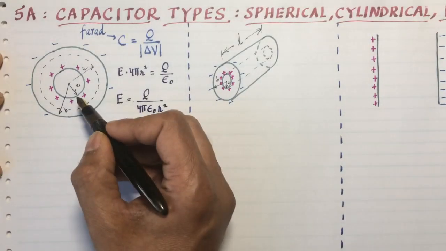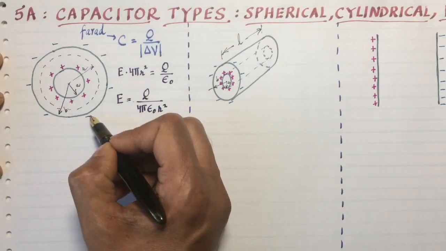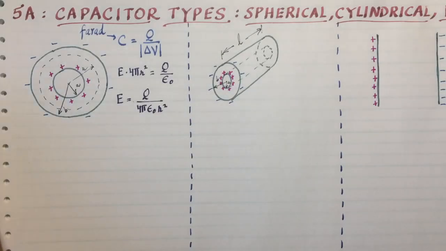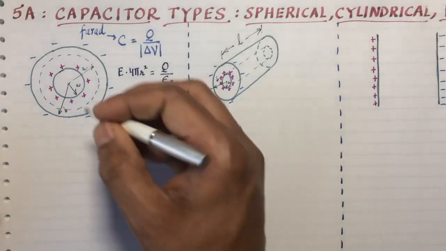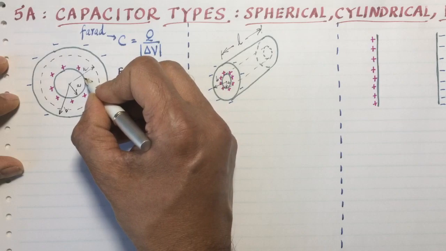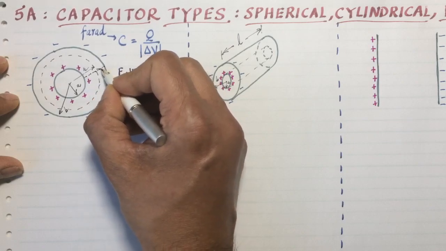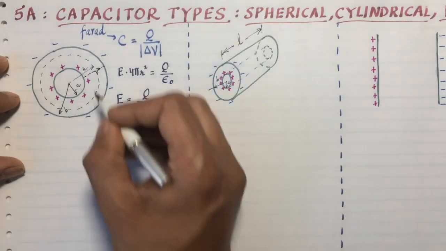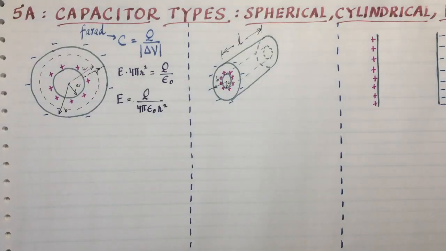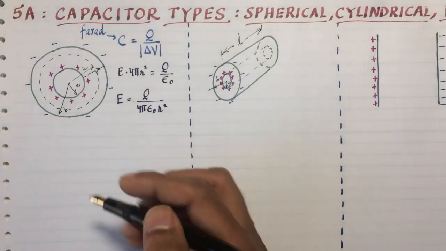Now the change in voltage is the change in voltage between the inner plate and the outer plate. So the best way to find that out using the master equation is to integrate it along some path that goes from r equal to a to r equal to b. I'll draw that path like that. So let's perform the integration.